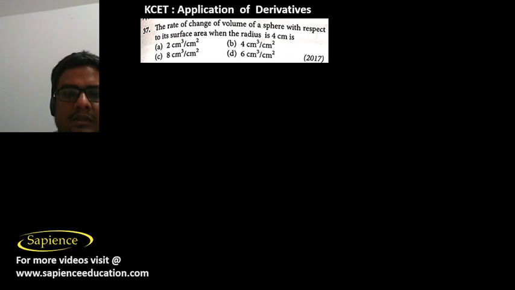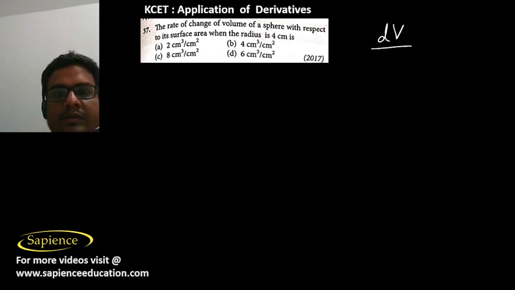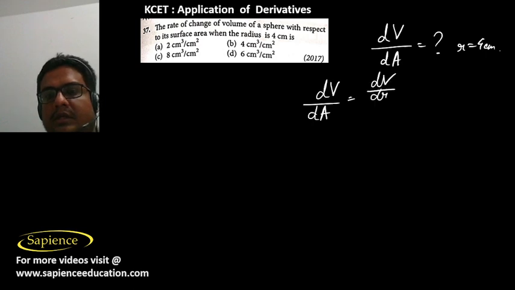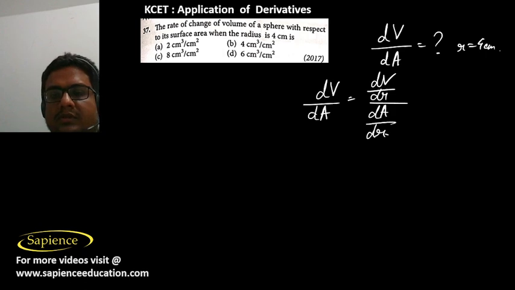Then in question number 37, the rate of change of volume of a sphere with respect to its surface area, dv by dA, when the radius is 4 centimeter. That we can say is dv by dr divided by dA by dr. V and A both are functions of r. The volume of a sphere is 4 by 3 pi r cube and the surface area of a sphere is 4 pi r square.